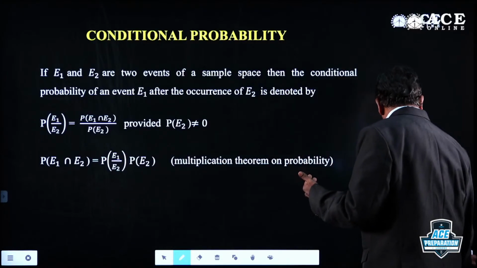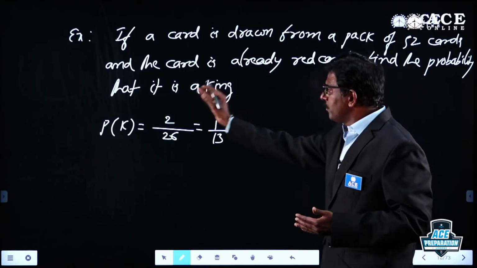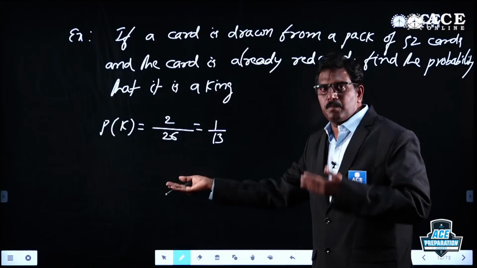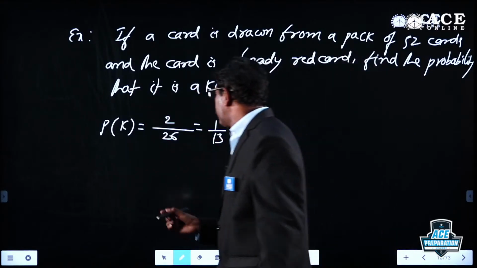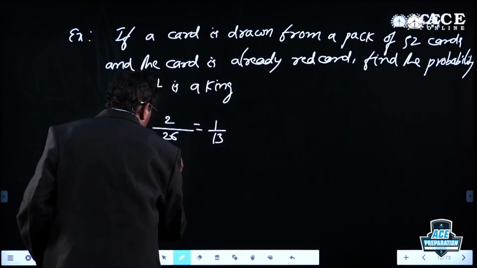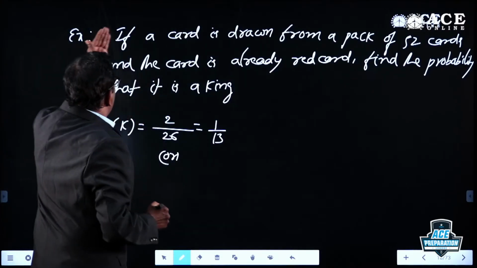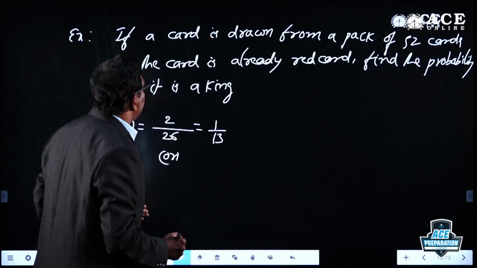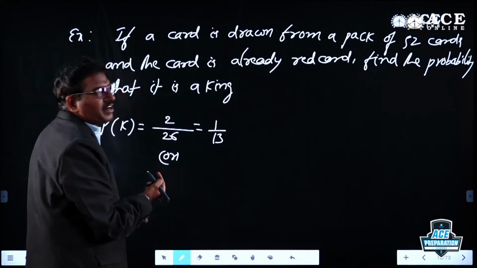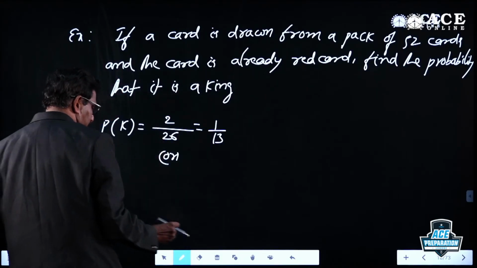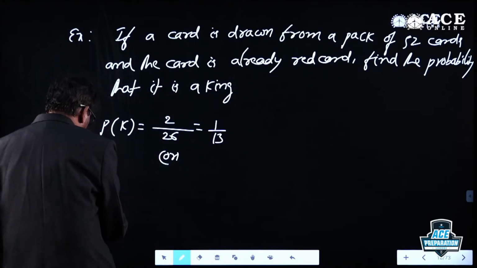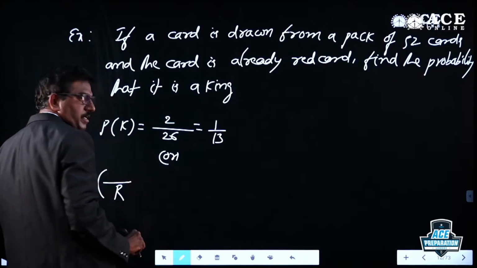Okay, same problem. I will give you the link to conditional probability from the same problem. If a card is drawn from a pack of 52 cards, the card is already a red card. The already occurred event I will take in the denominator.